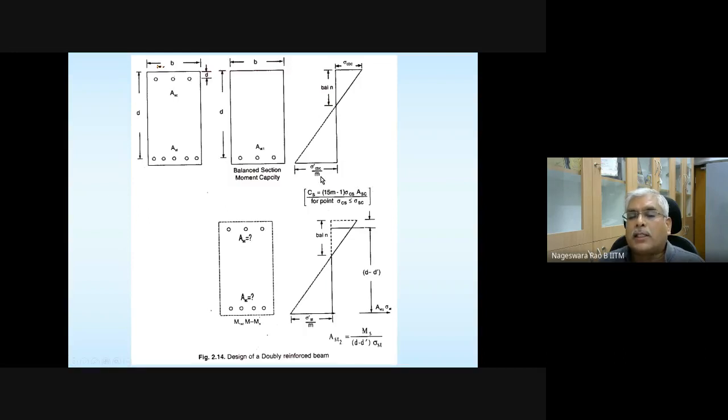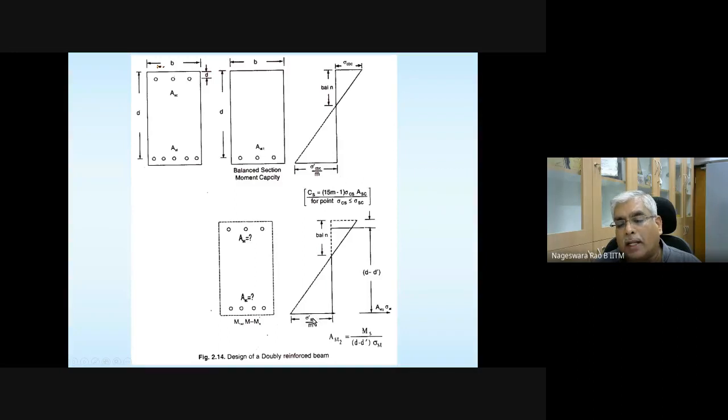I think this stress distribution diagram and everything is self-explanatory. The stress in the extreme fiber in concrete is denoted with sigma CBC, and the stress at the level of compression steel here is going to be sigma ST prime divided by M. Anyway, forget about the rest.